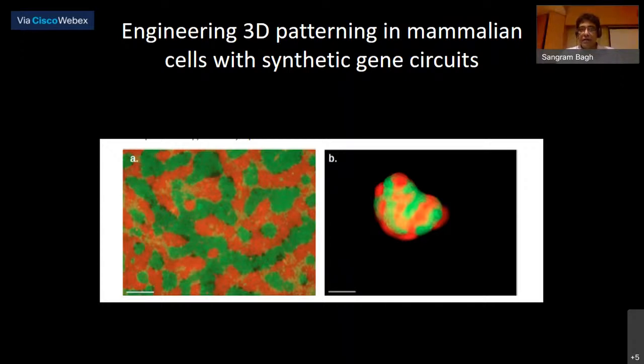So you can generate some 3D patterning using synthetic circuits. We believe that in the next 20, 25 or 50 years, probably you will be one of those who can really develop a functional thing, because you started with the exact principles that developmental biology follows. So for today, I'll stop here.